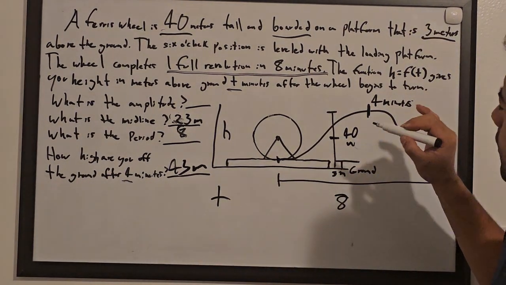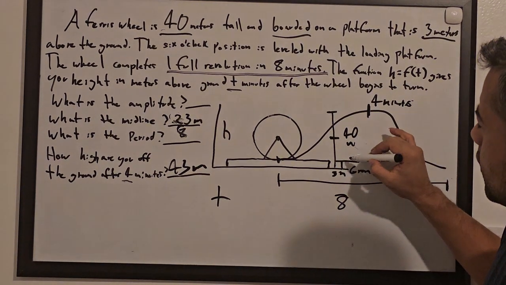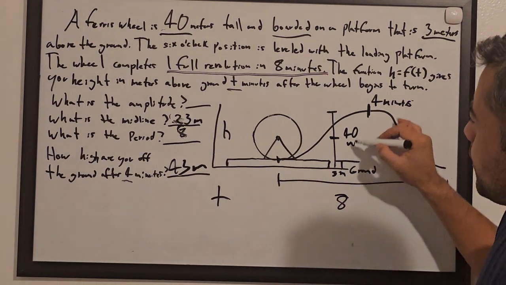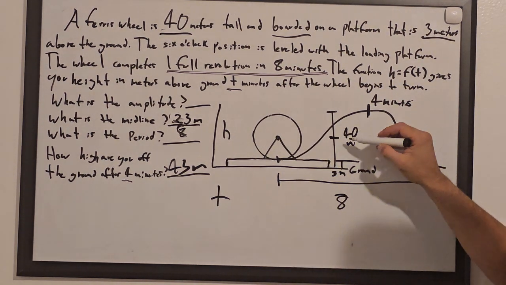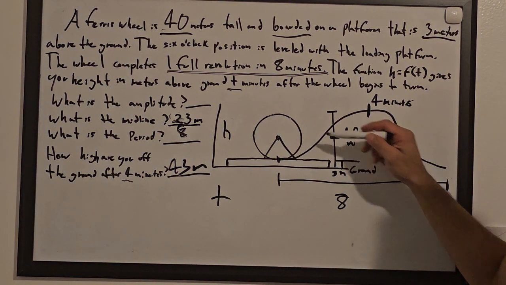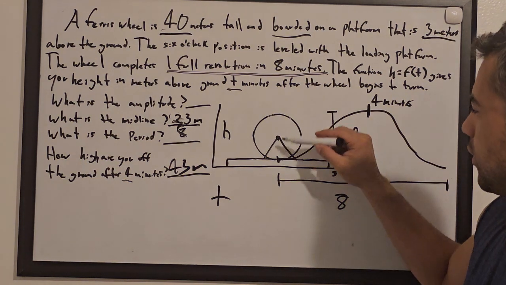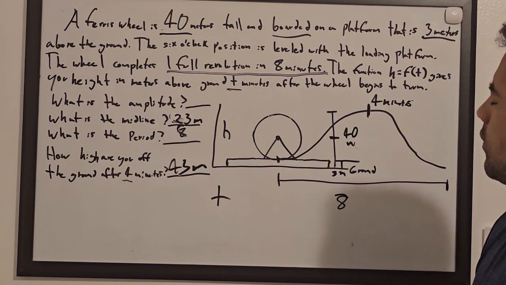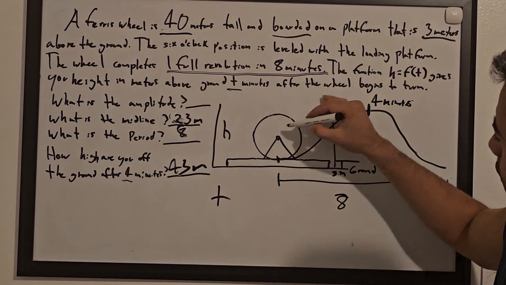And from the center to the bottom of the Ferris wheel, we find that we are 20 meters away. We have a radius of 20 here.